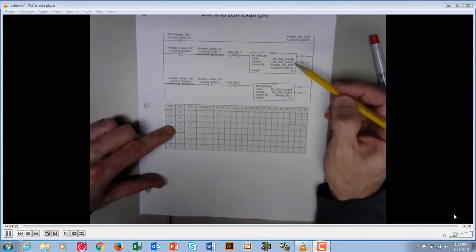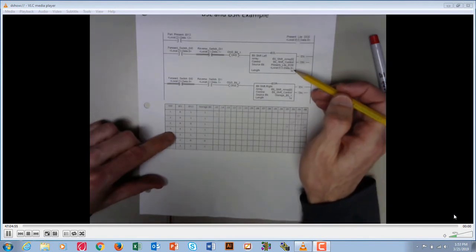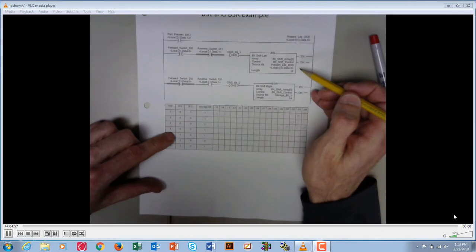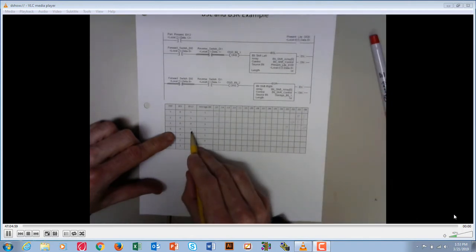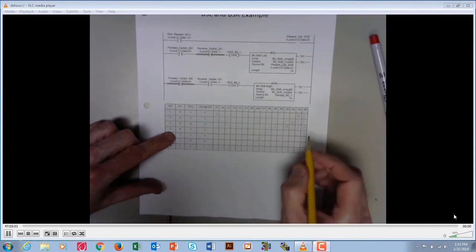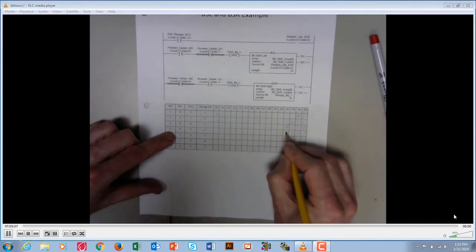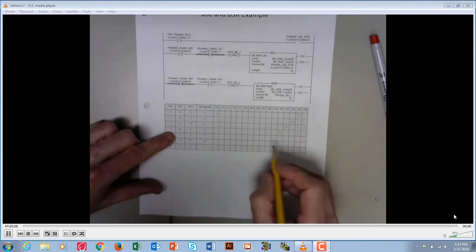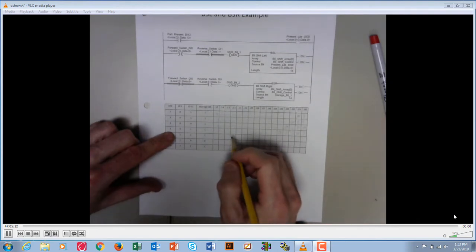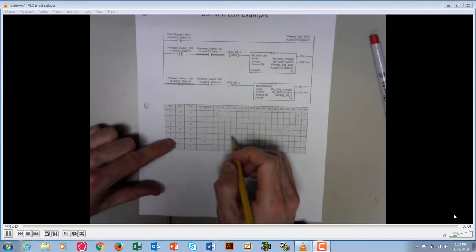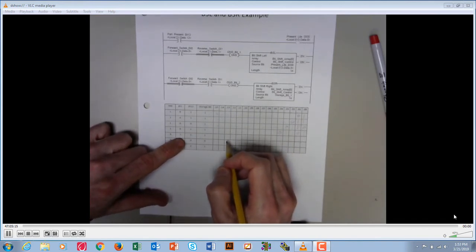And then the next time I push it again, and it looks like I'm going to get another 1 back in there. So I'm pushing a 1 in here, and then this 0 goes there, and this 1 goes here, and this 1 goes here, and this 0 goes there, and then these are still going to be all zeros.